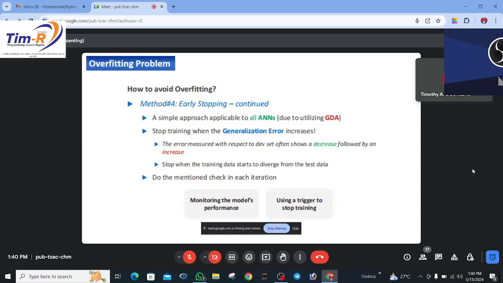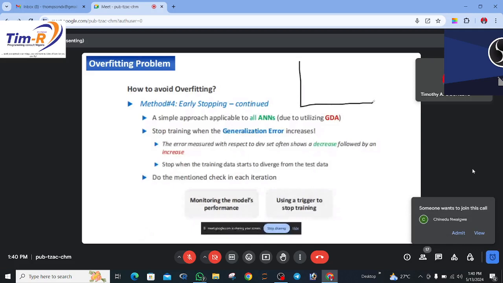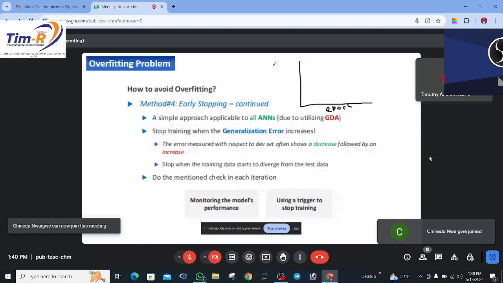For example, let's say this is the number of epochs, and let us say this is the loss here.